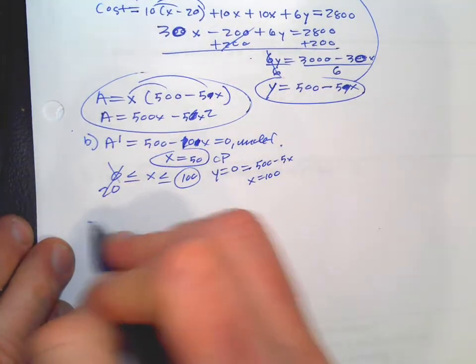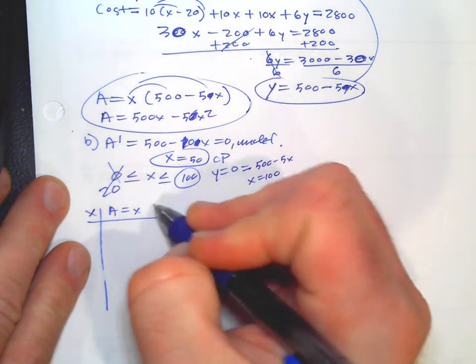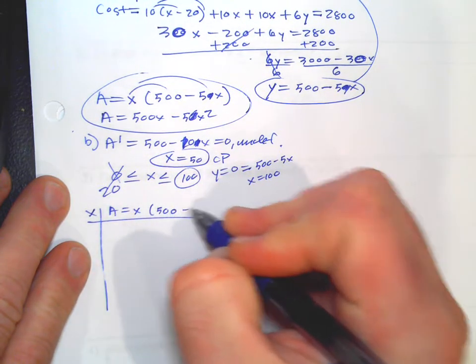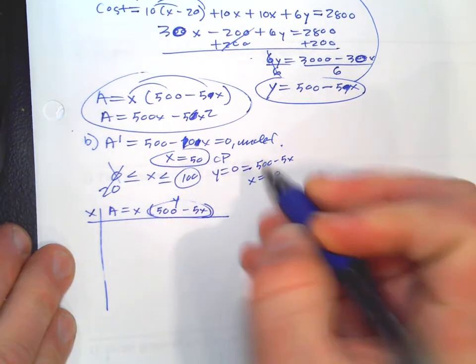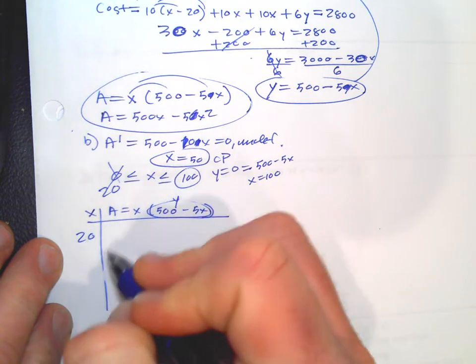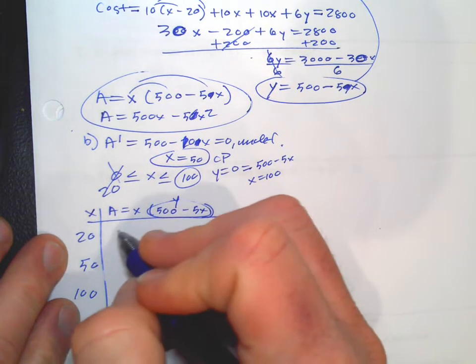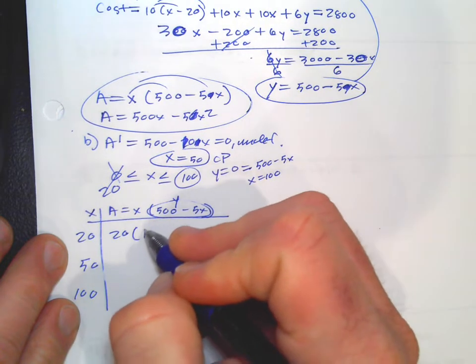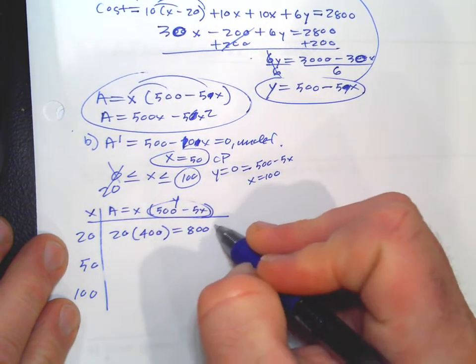I'm going to create a table. X, plug in the A, I'm going to use this version right here because it'll make the work easier to do in my head, and that's why also. So we got 20, 50, 100. So plug 20 in, you get 20 times 400, which is 8,000.